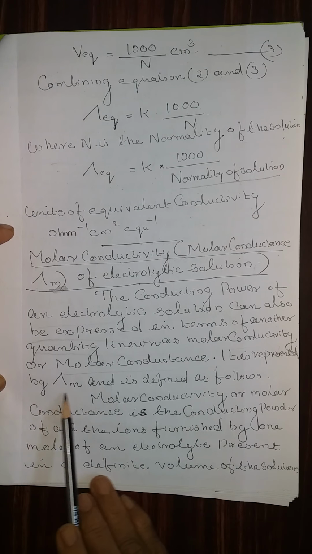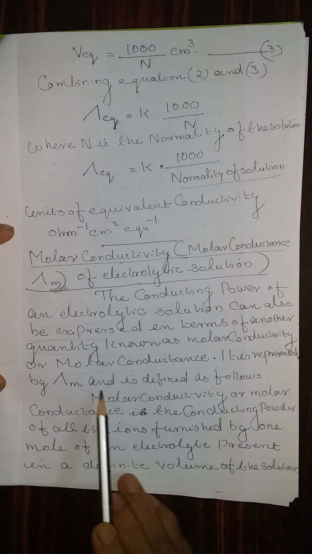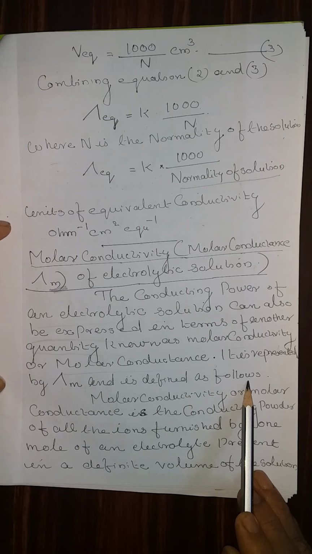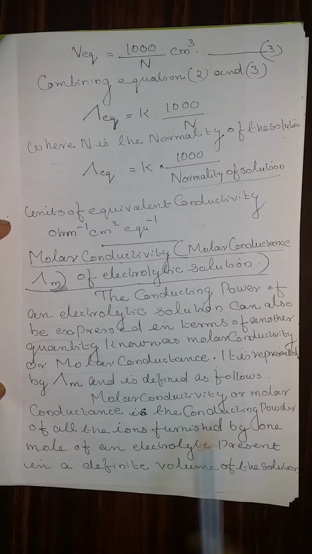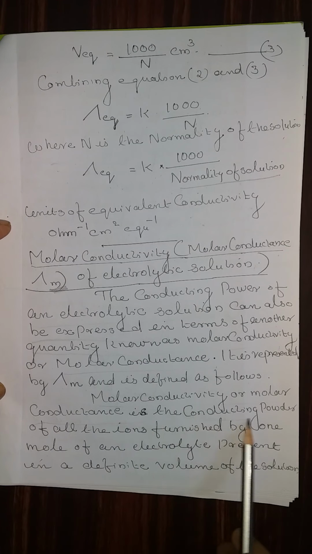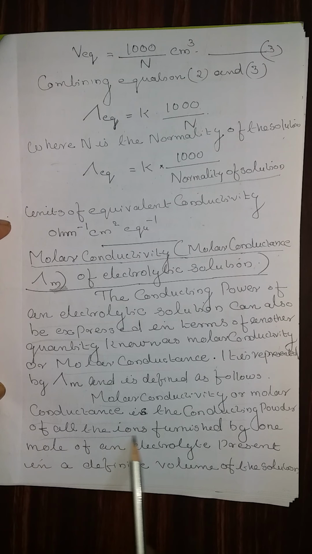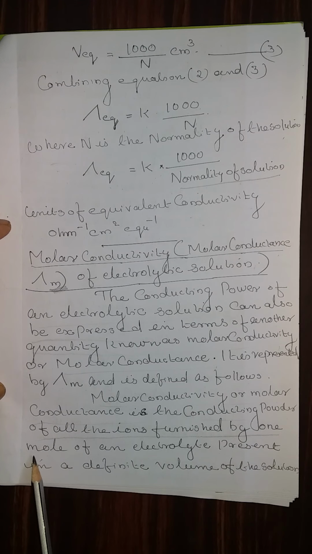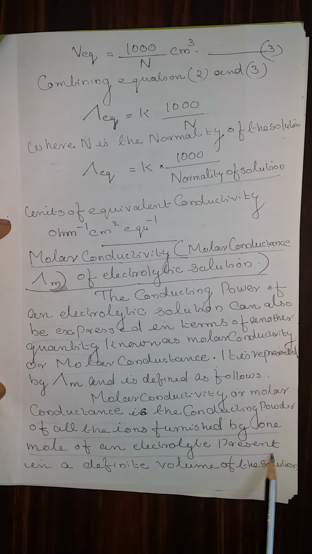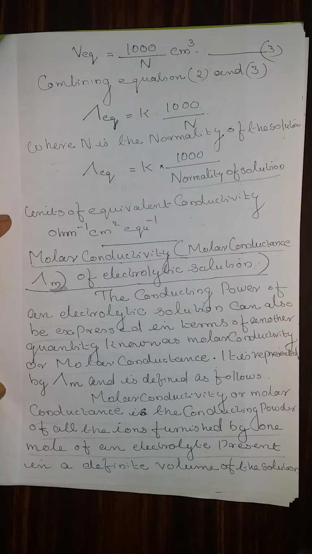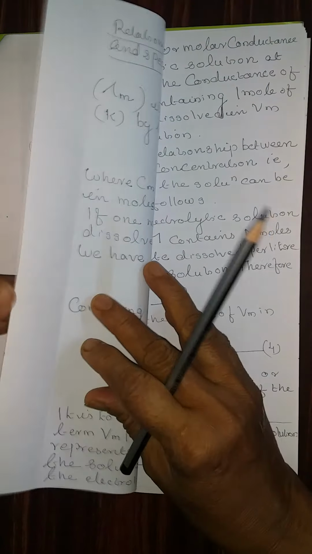It is represented by delta M and is defined as follows. Molar conductivity or molar conductance is the conducting power of all the ions furnished by 1 mole of an electrolyte present in a definite volume of the solution.